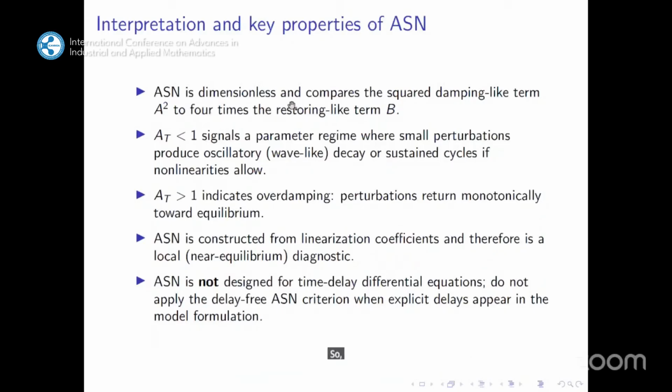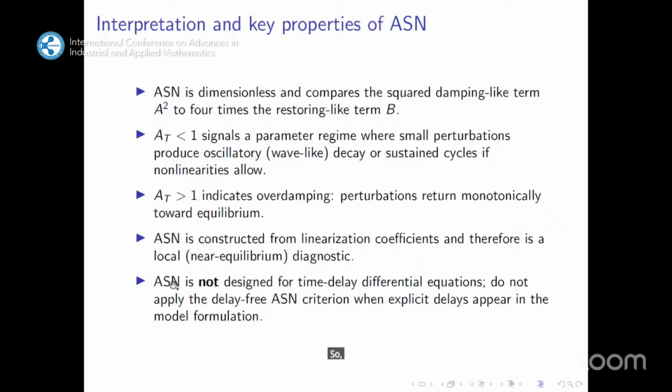It is dimensionless and compares the squared damping-like term, a squared, to 4 times the restoring-like term, which is b. So if AT is less than 1, it signals a parameter regime where small perturbation produces oscillatory or wave-like decay, or sustained cycles if nonlinearity allows.